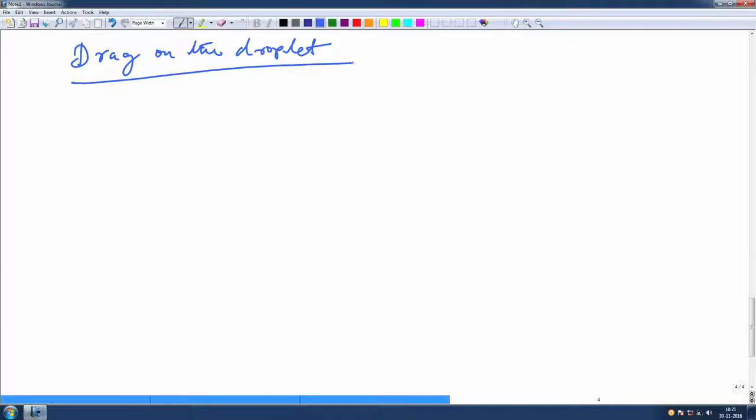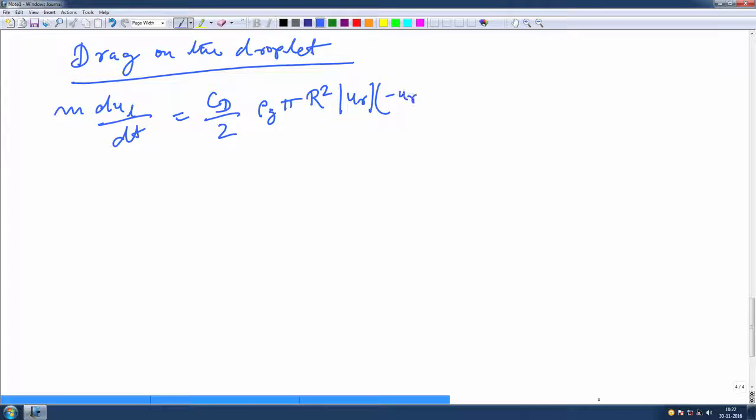Okay. Now, the drag on the droplet can simply be written as, writing it fast, where UR is the relative velocity, and this is the absolute velocity.